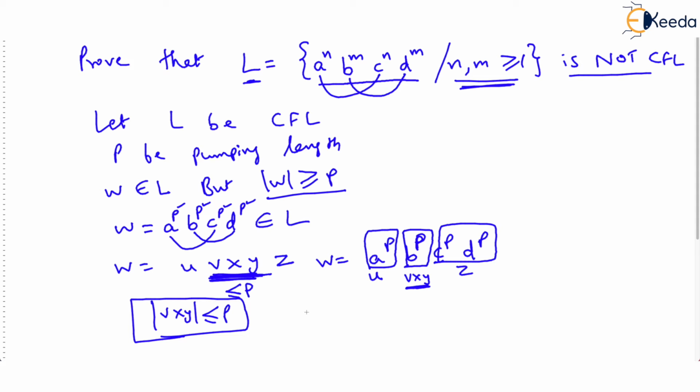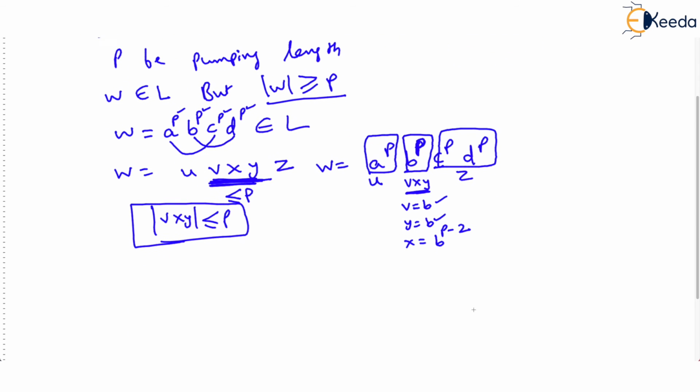Okay, this entire thing is vxy, but v and y cannot be empty. So we can say let v be a single b. Let y also be a single b. And then x will be equal to b raised to P minus 2. Obviously, from these P b's, we have taken 2 b's out, so P minus 2 b's are pending. So what's our plan?